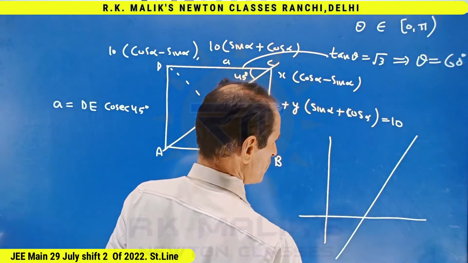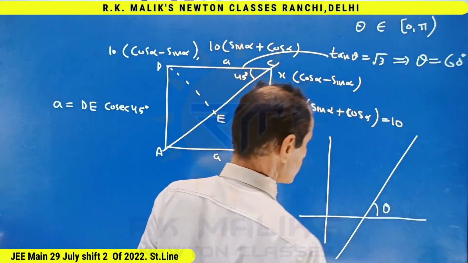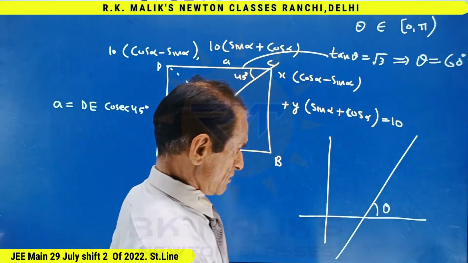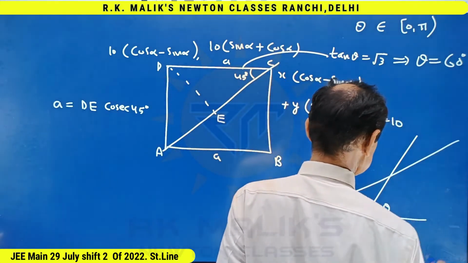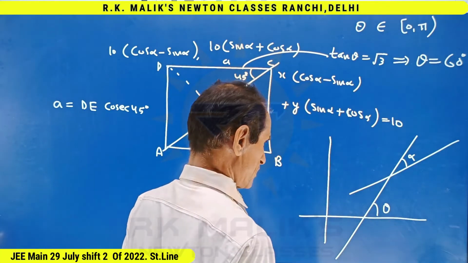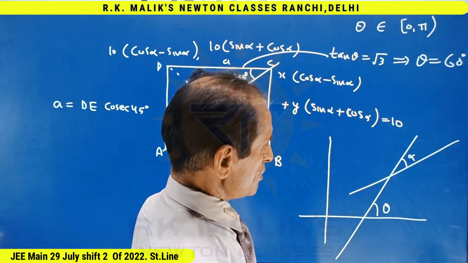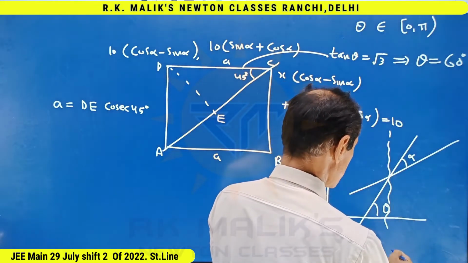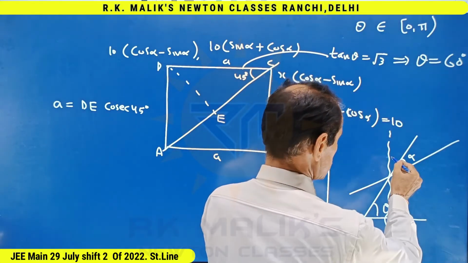And the next point to be noted is, you must be knowing that if a line is making an angle theta with the positive direction of x-axis, and we draw a line at an angle alpha with the given line, then the line may be on this side also, the line may be on this side also. This is also angle alpha.